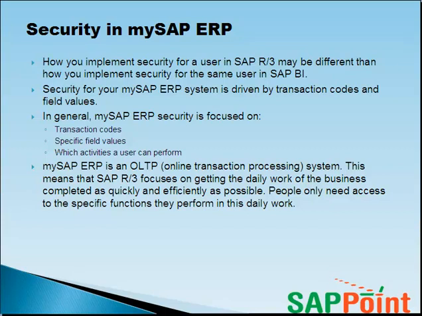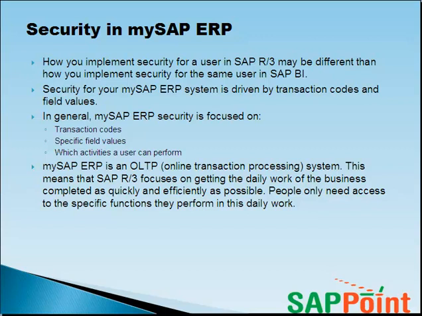So the security in ERP system, this R3 system or the ECC system, is driven by transaction codes and the activities that a user can perform using those transactions. And the activities are linked with the field values of the authorization objects that are part of the transaction codes.